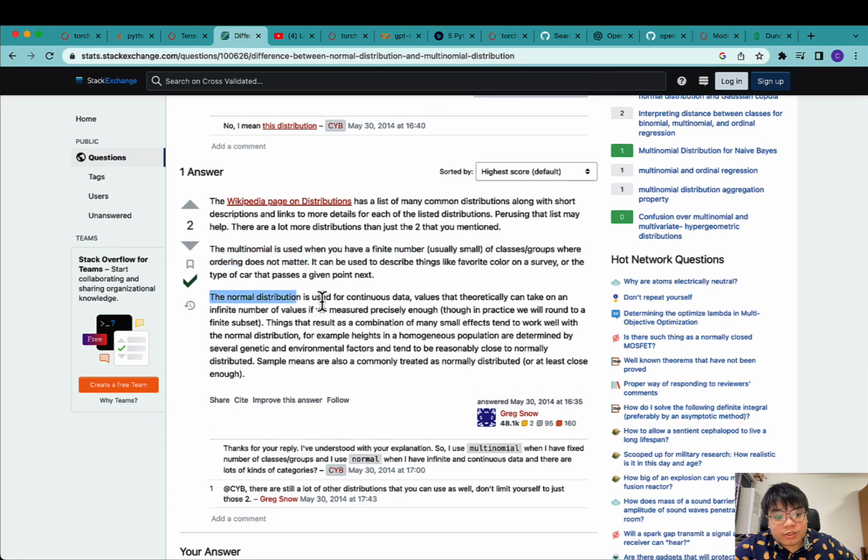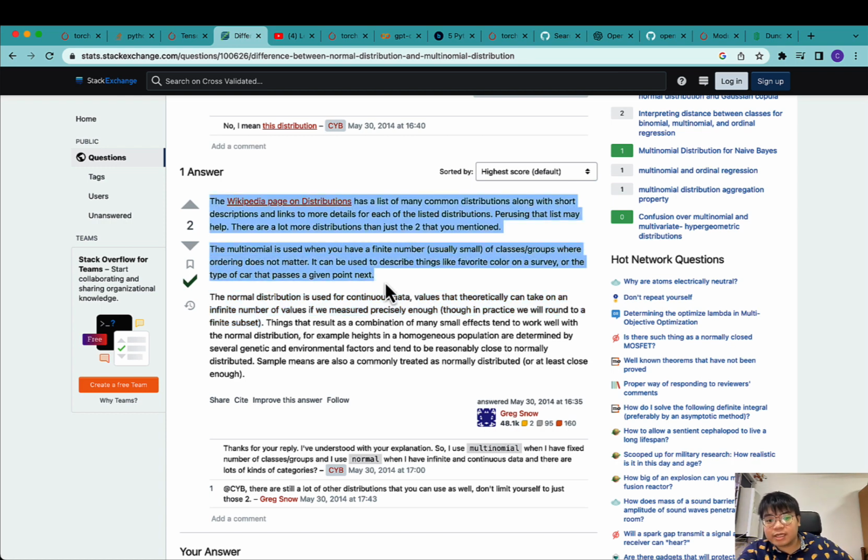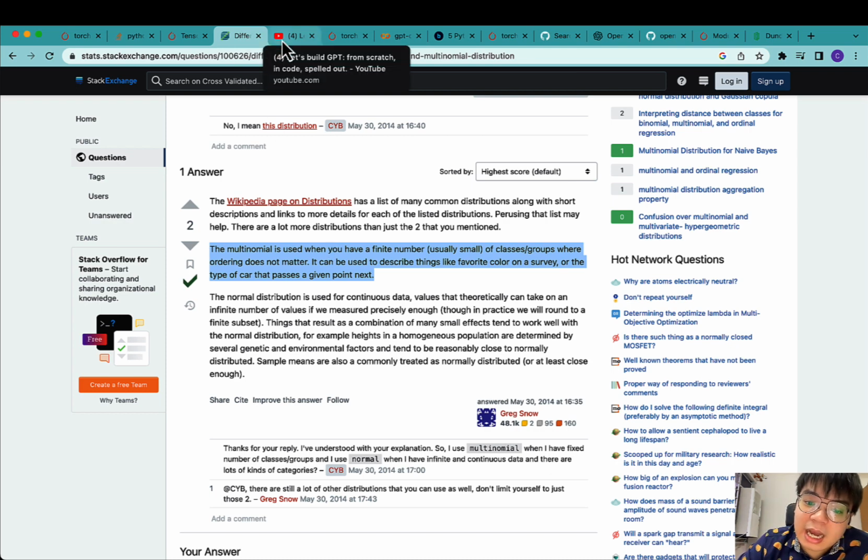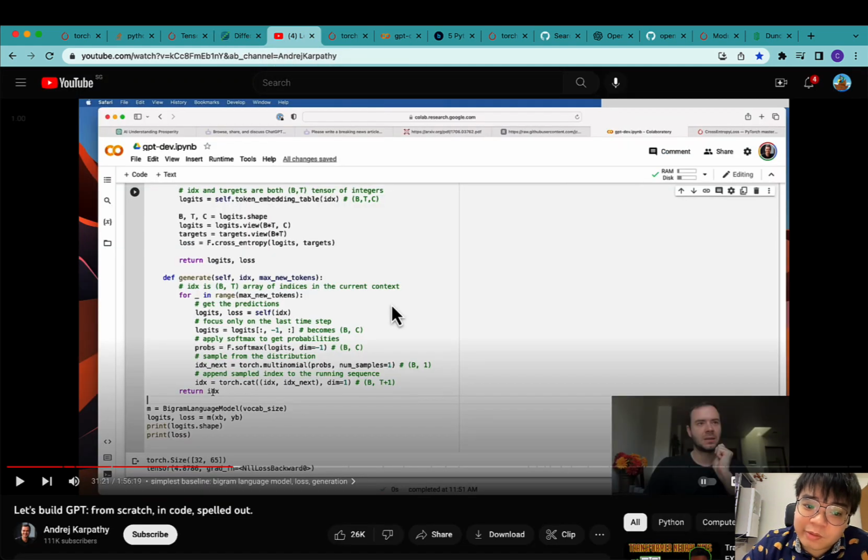And the normal distribution is used for continuous data, values that theoretically can take on infinite values and are measured precisely enough. Which is, I guess, why we don't use the normal distribution over the multinomial. That's why Andre decided to use multinomial here. I'm admittedly quite shaky on when exactly to use a certain distribution, but thanks to this tutorial, we don't have to wrangle with that. We can just build on top of Andre's intuitions and explore that later on.